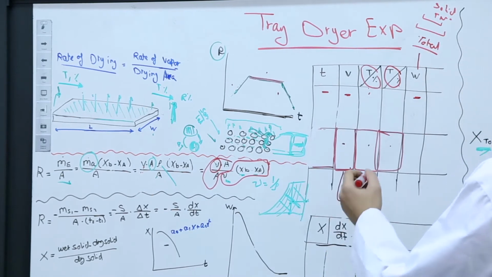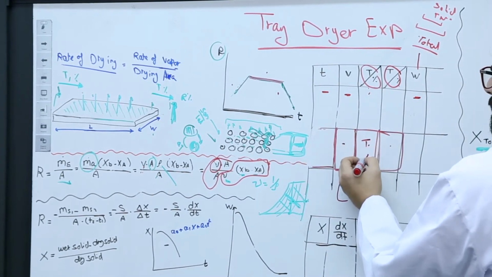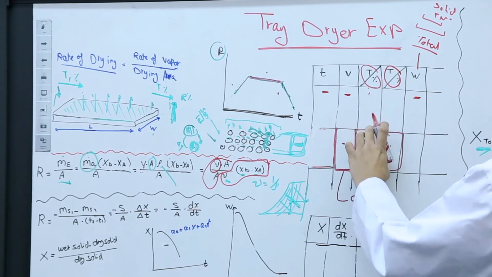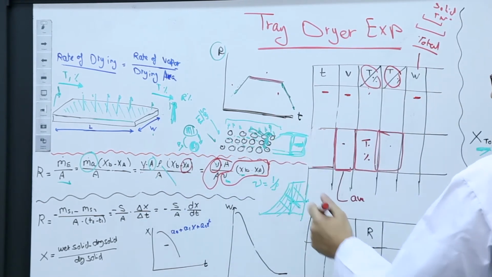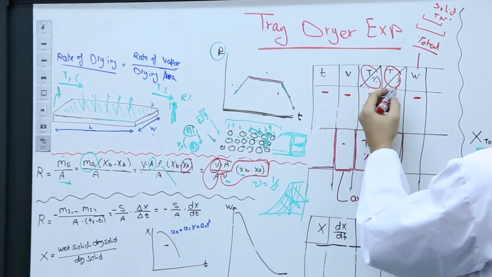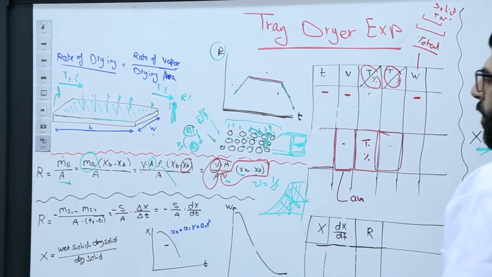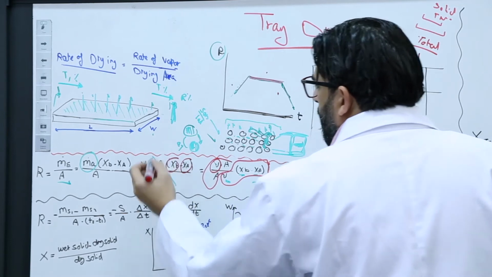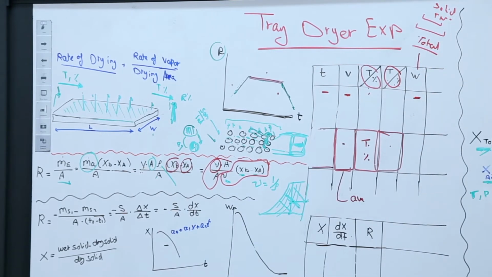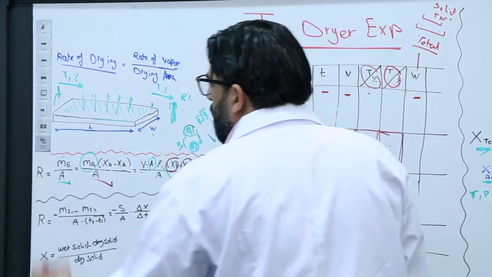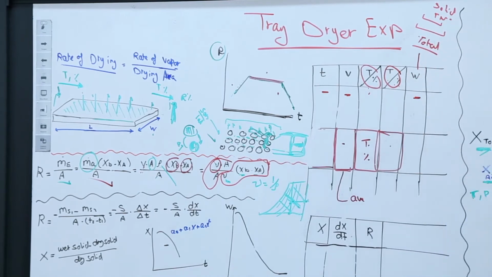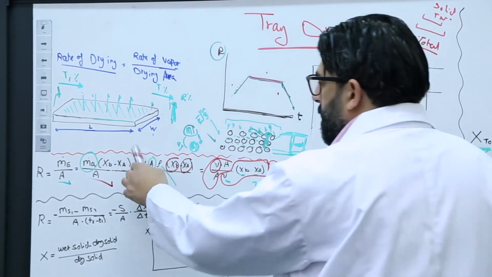You can take the average of T and relative humidity to find the input X from the psychrometric chart, and you can take the temperature and relative humidity for the output to find the XP, the absolute humidity of the outlet air. By this, you can calculate the rate of drying using air properties.